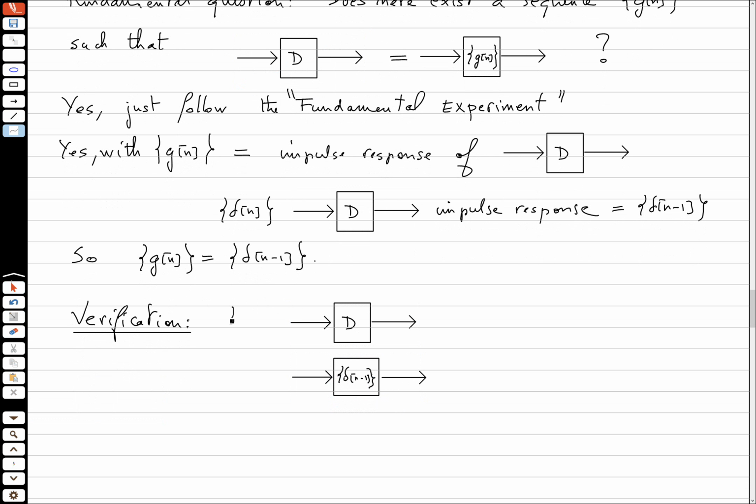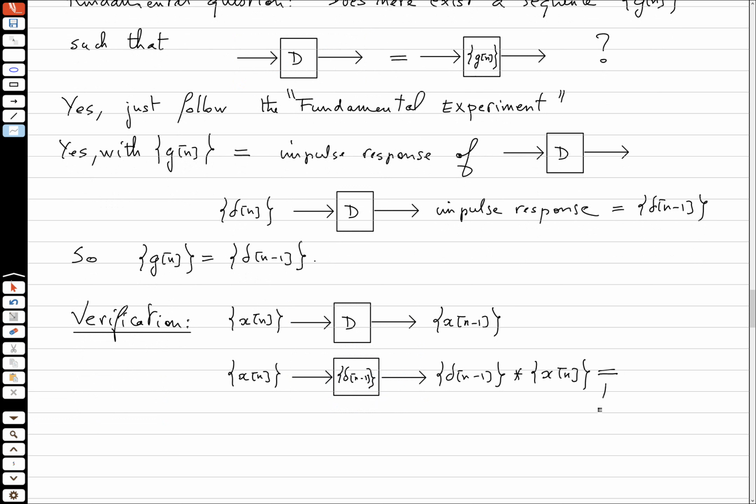So we input x of n here and here, and we test whether we get the same thing. Here we get x of n minus 1 by definition. And here, by definition, what do we get? So we write this first. You obtain this by definition. But what do you feel like writing here?